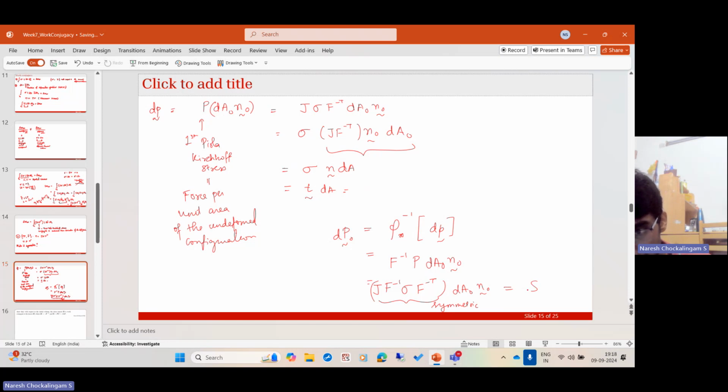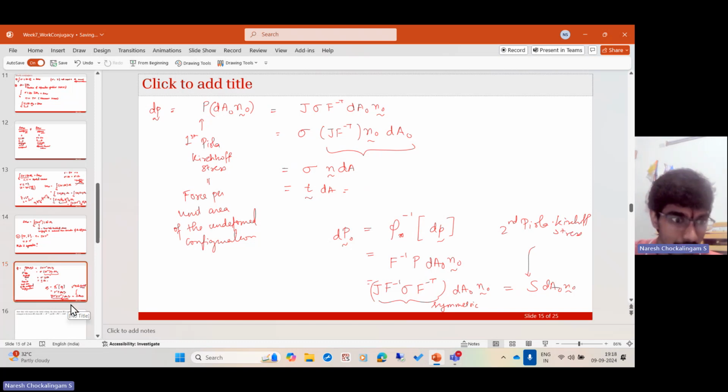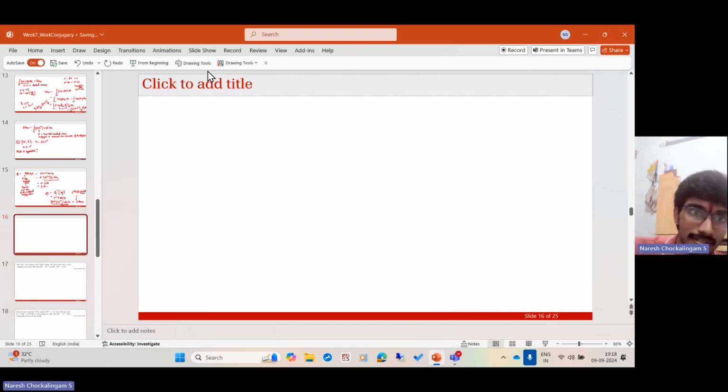And this is called S. So this is also a stress quantity called the second Piola-Kirchhoff. So the second Piola-Kirchhoff stress is, what?